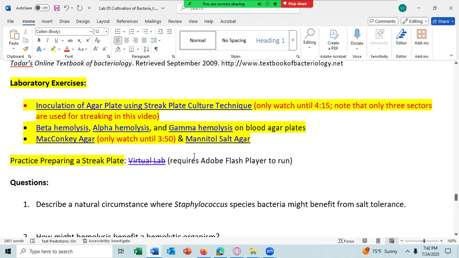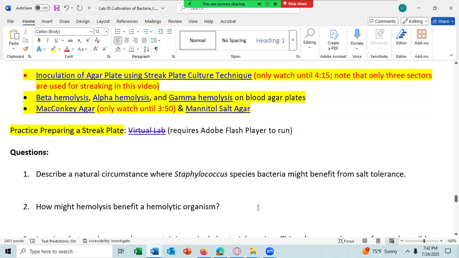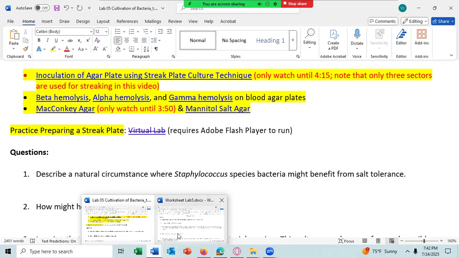And then we have a little movie on growing bacteria on a mannitol salt agar plate. And we do not have a virtual lab anymore for this one. And then begin working on the worksheet, answering the questions of the worksheet.